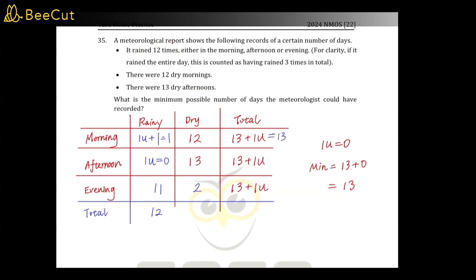This all equals to 13. Okay, then the number of times when it's dry, there's 12 plus 13 plus 2, 27. Where everything adds up together is 39. So 13 days, 13 morning, 13 afternoon, 13 evenings.